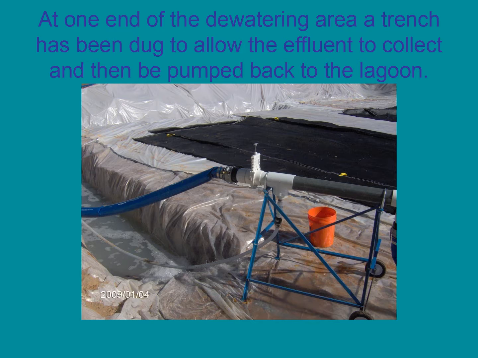At one end of the staging area, a trench is dug to hold effluent as it drains from the bags. A gasoline-powered pump is used to pump the effluent to a holding lagoon.